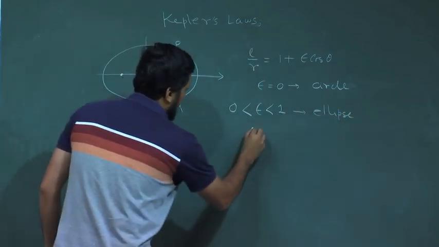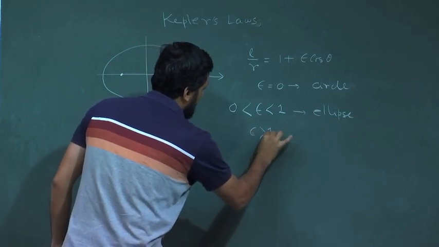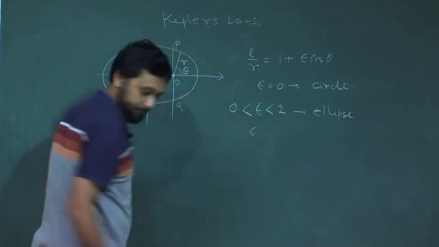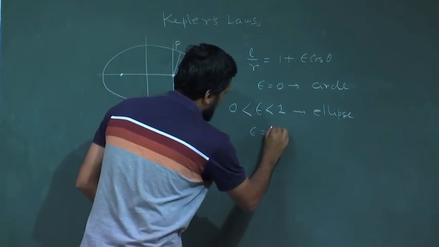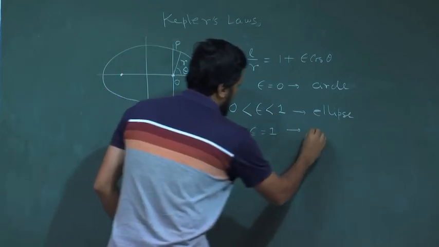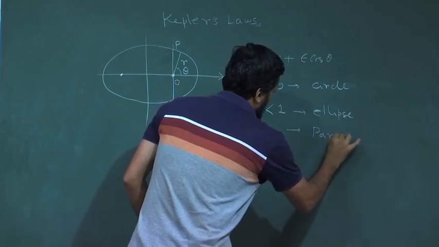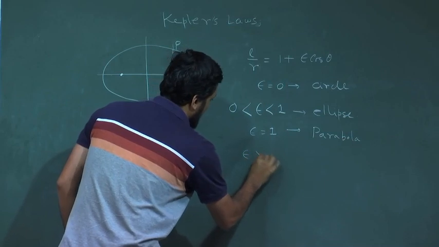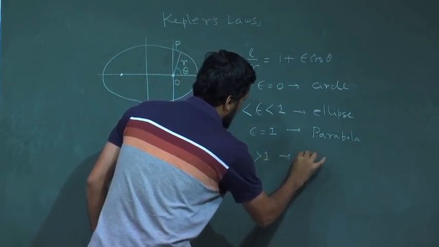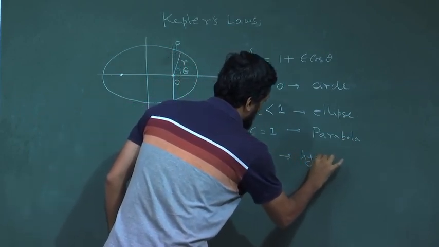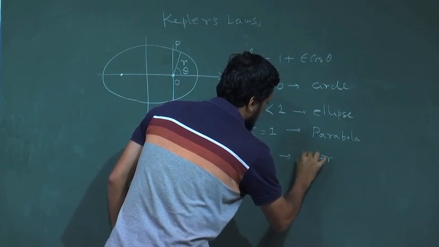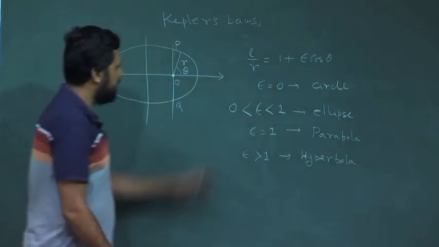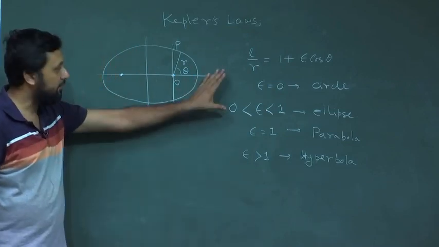If epsilon is equal to 1, we get a parabola, and epsilon greater than 1 gives a hyperbola. This we have not discussed earlier, but this is the scenario.